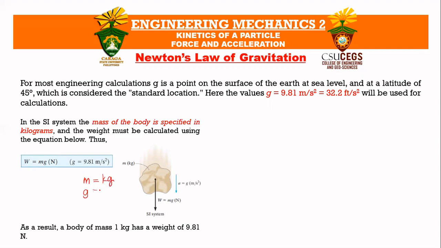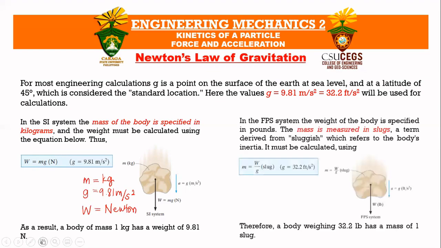The gravity uses the value of 9.81 meters per second squared, and the weight is in newtons. Therefore, kilogram times meter per second squared is equal to newton. As a result, a body of mass 1 kilogram has a weight of 9.81 newtons.